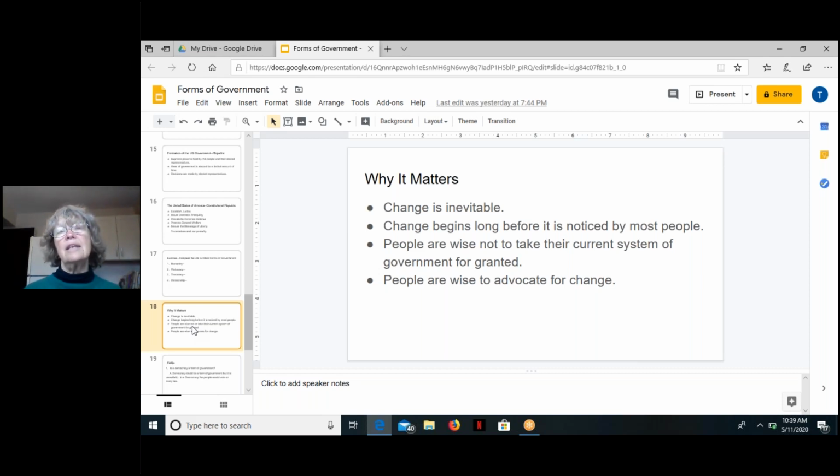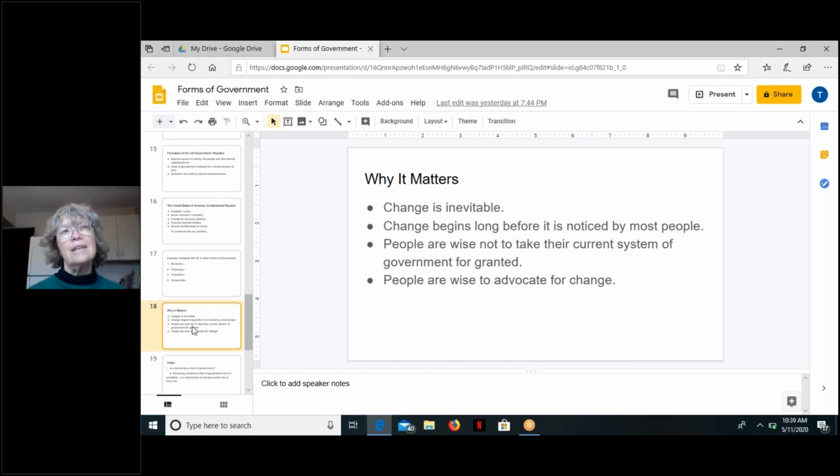We can notice a temporary change in our rules, but it is called temporary, and it isn't until we get past that time that we realize what was temporary has now become permanent. So it's important that people not take their current system of government for granted.